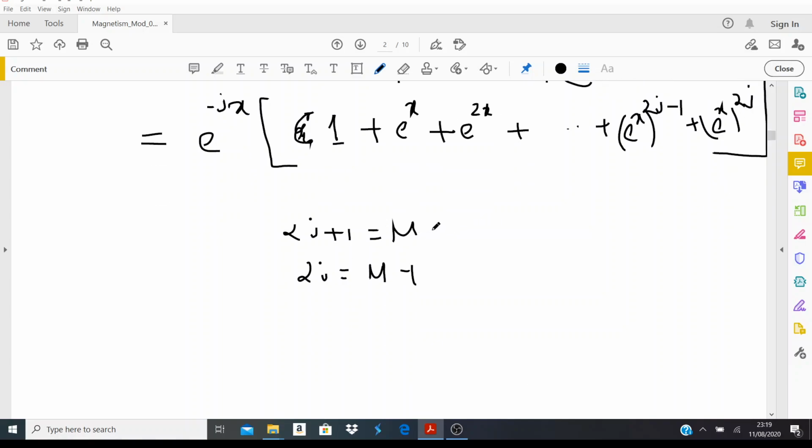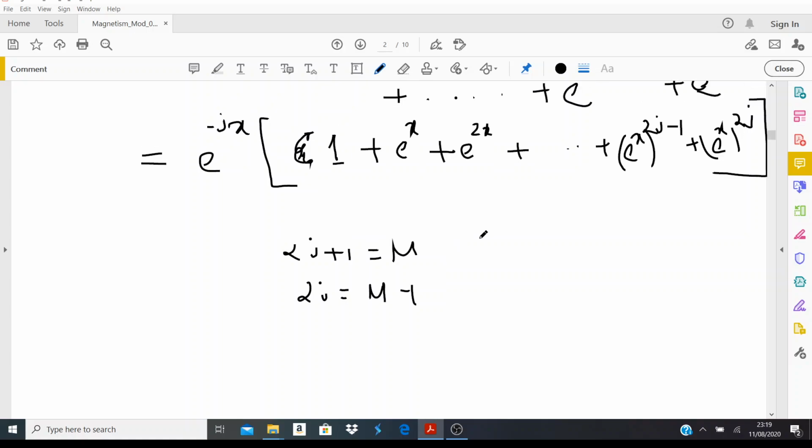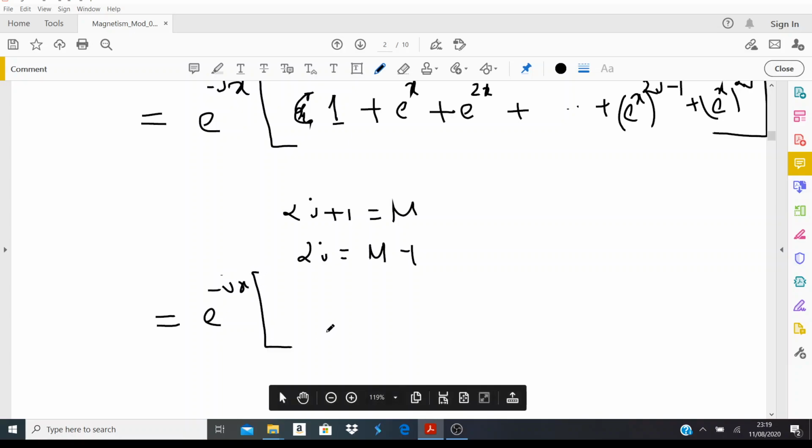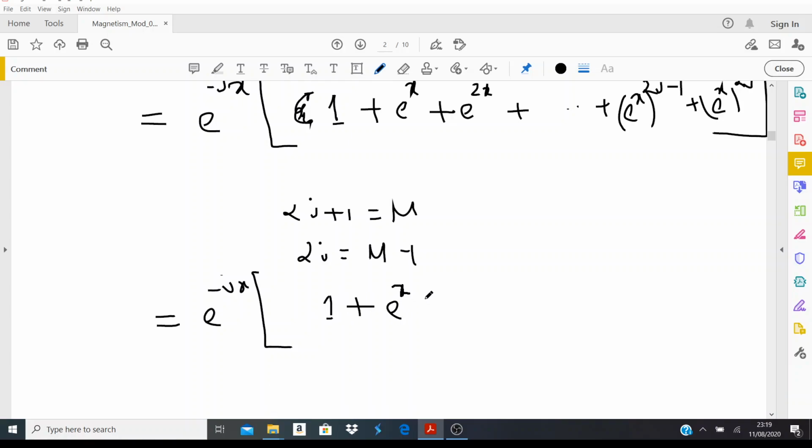So now if you make this variable change in this expression, you will see we have the common term e to the power minus jx, but now in the series we have e to the power x, then e to the power twice x, and then all the way up to e to the power x times m minus 1, right?